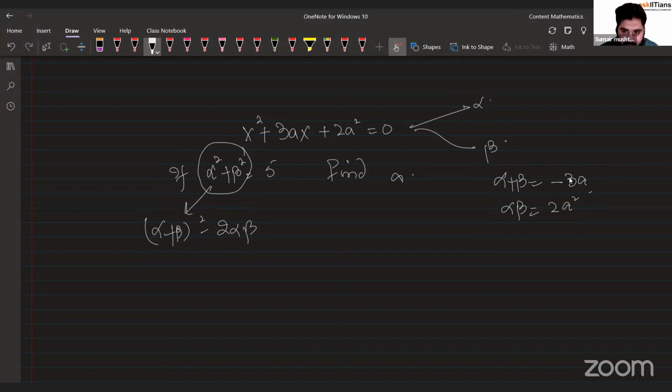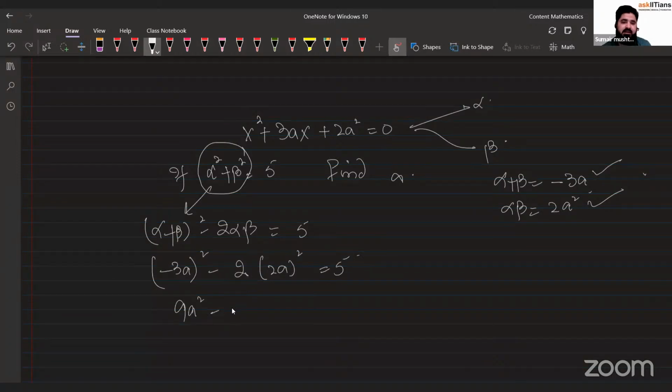Now put it there: negative 3a whole square minus 2 times 2a square is equal to 5. This will be 9a square minus 4a square, and that's 5, right?